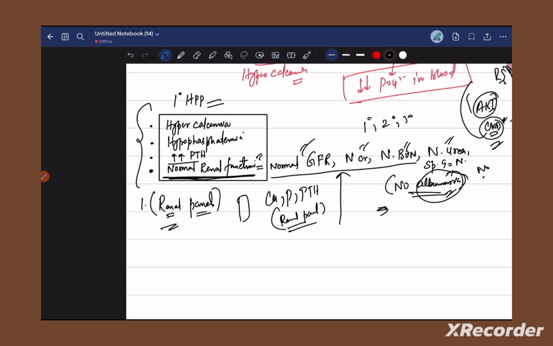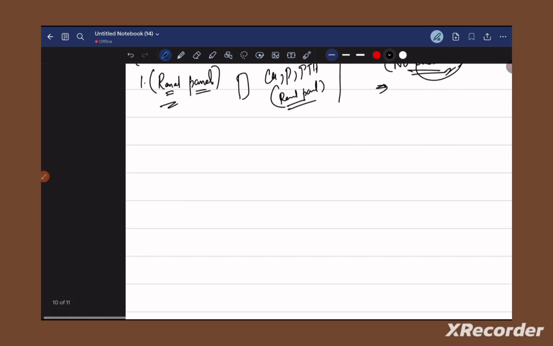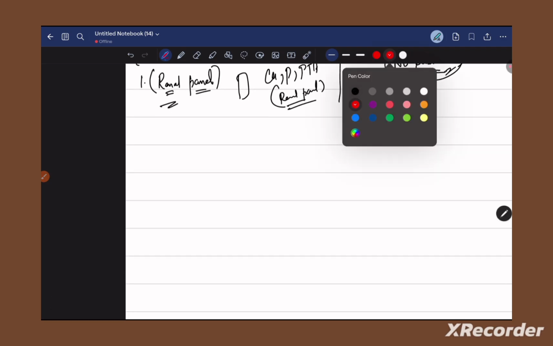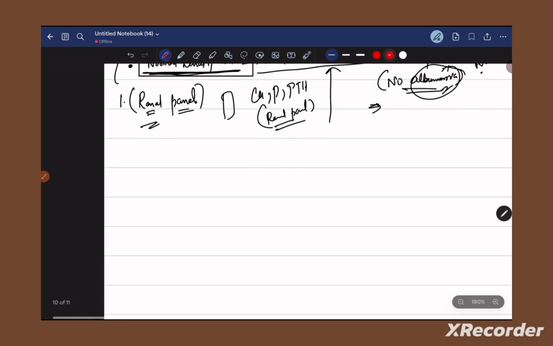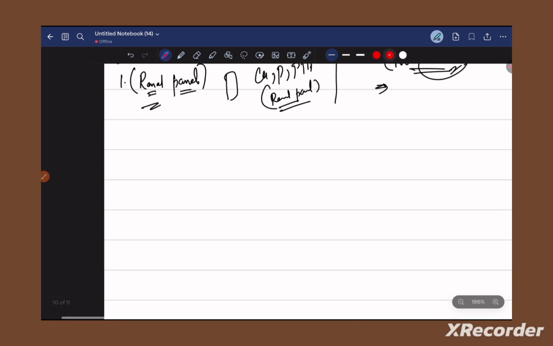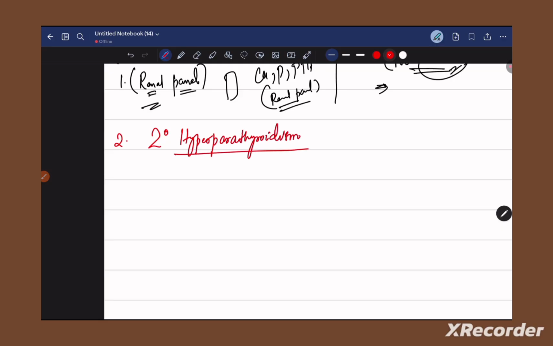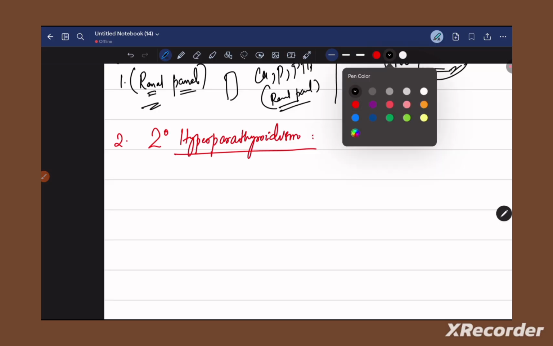So now secondary hyperparathyroidism, please keep your concentration towards this. A bit difficult to understand, let me make it simple. Okay, secondary hyperparathyroidism. What happens in this secondary hyperparathyroidism?